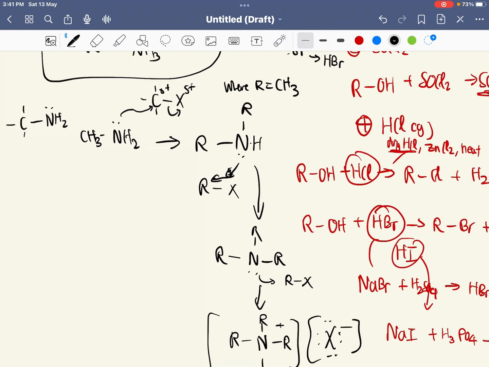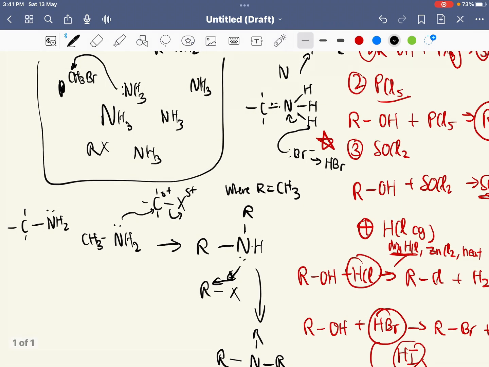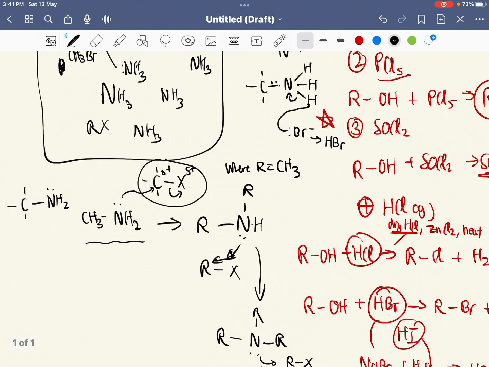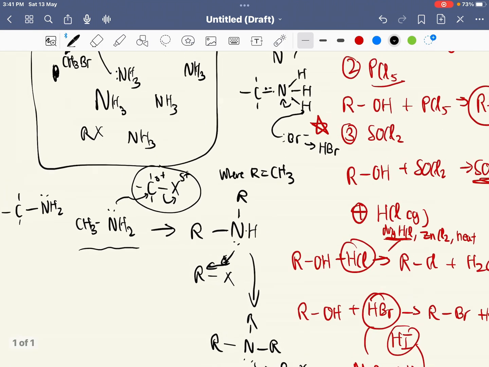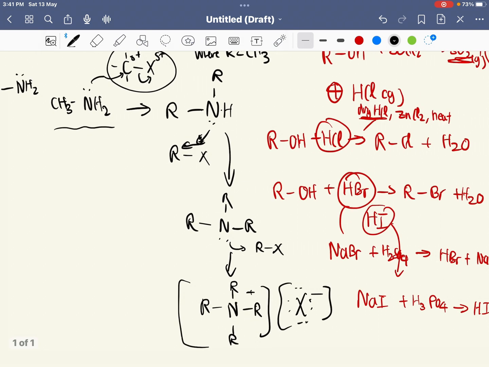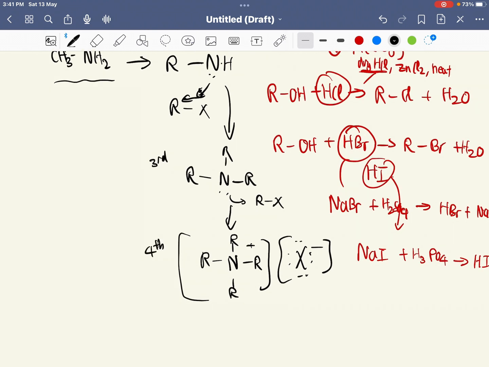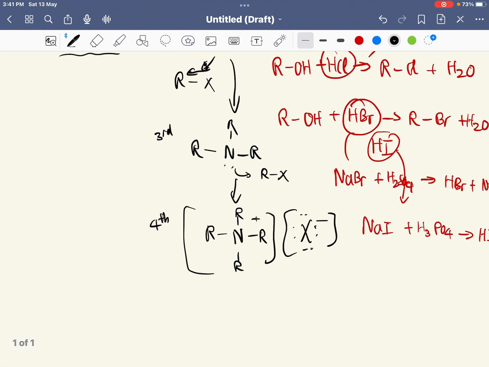So if we have a lot of our RX inside the solution instead of our ammonia, in excess, then there's a higher probability of the lone pair of electrons on the nitrogen atom of the primary amine attacking another RX, right? And then because this is also electron deficient, this can go on and on. So then we have our second substitution, then this third, and then one more time we have our fourth substitution.